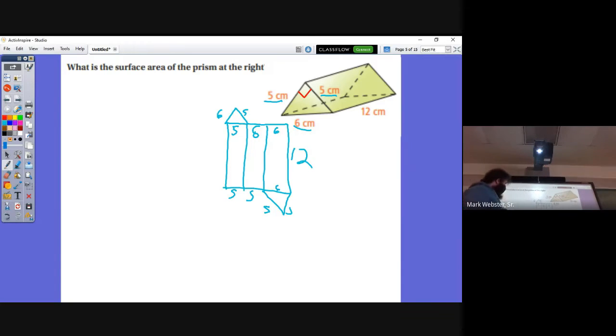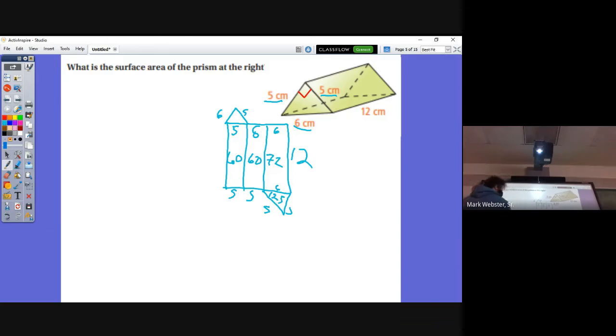So 12 by 5 and 12 by 5, these are each 60. This last one here, 12 by 6, that's 72, ain't it? And then each of these triangles, if you look at the triangle, the base and the height are each 5, right? So 1/2 of 5 times 5 is 12.5. And then that's 12.5, right?